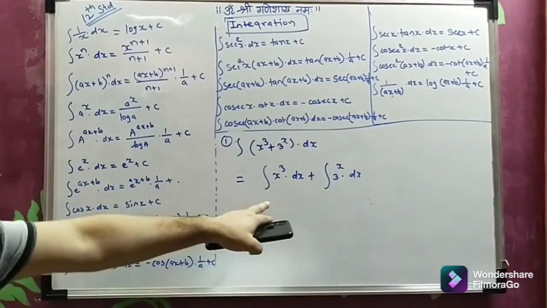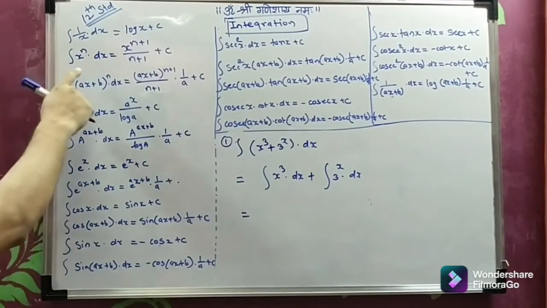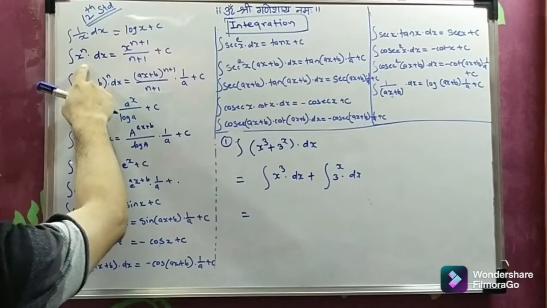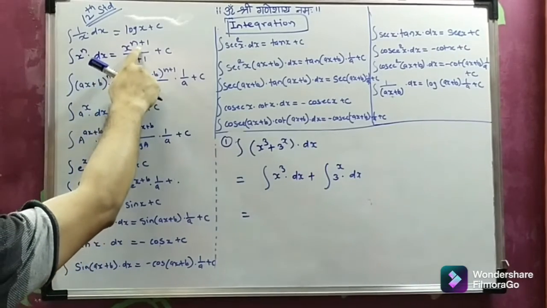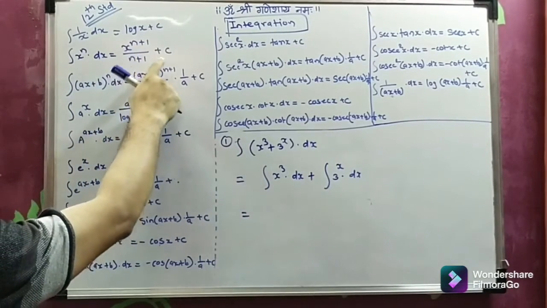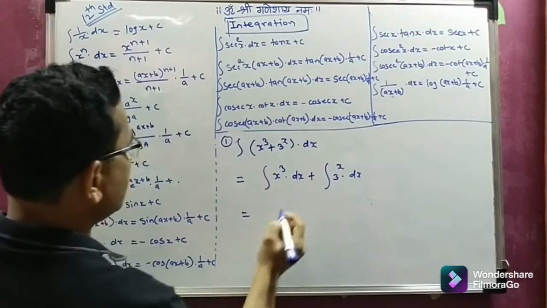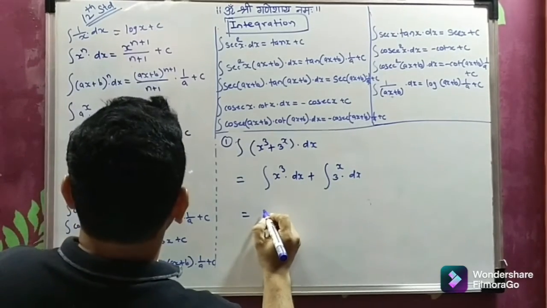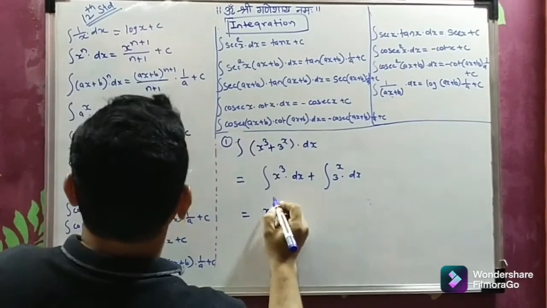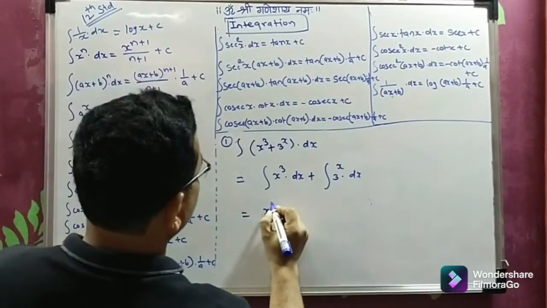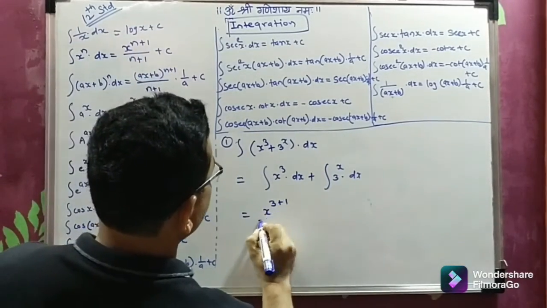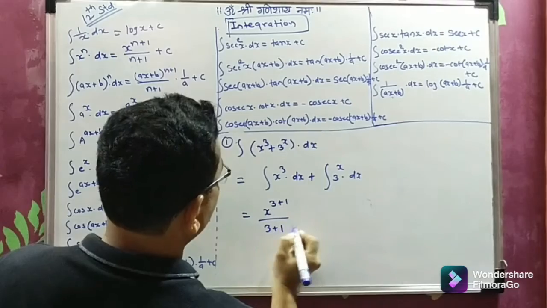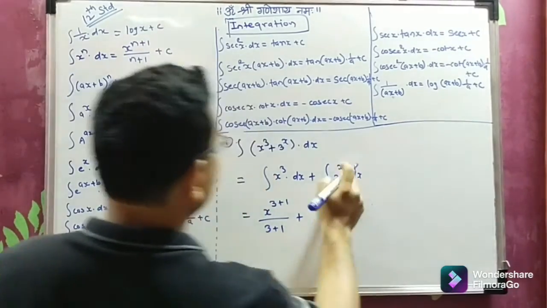Now the integration of x raised to 3 is what? I have written the formula over here: integral of x raised to n dx is equal to x raised to n plus 1 divided by n plus 1 plus c. So the answer over here will be x raised to 3 plus 1 divided by 3 plus 1.